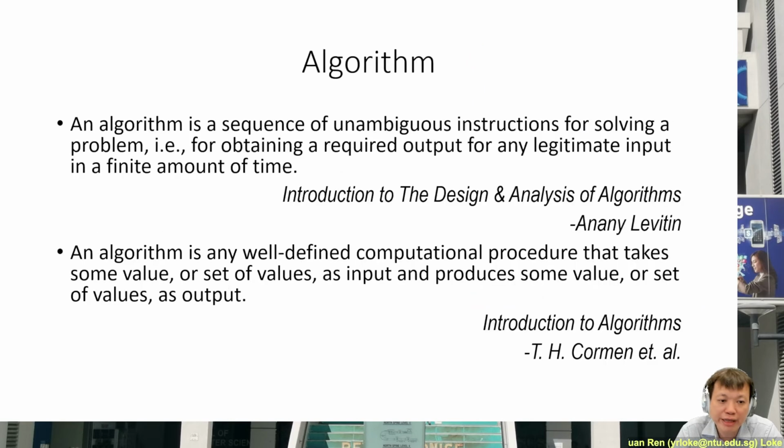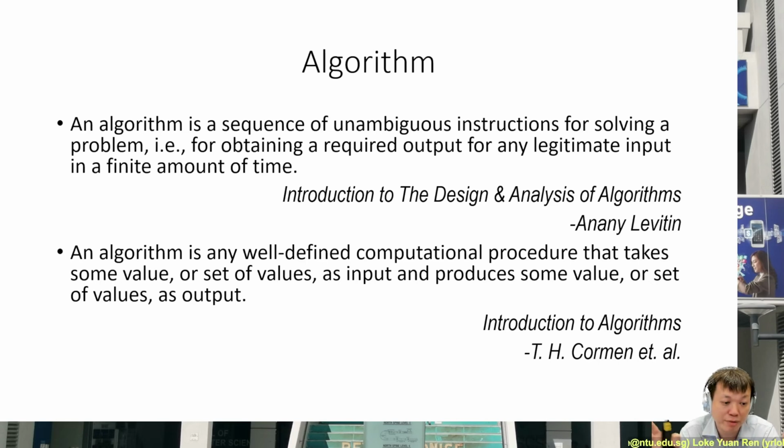So if you read all the textbooks here and there, their definition, like in Introduction to the Design and Analysis of Algorithms by Anany Levitin, they say an algorithm is a sequence of unambiguous instructions for solving a problem, for obtaining a required output for any legitimate input in a finite amount of time.